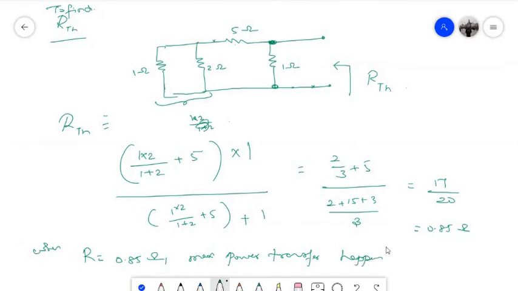And what is the maximum power that is transferred? So for that we have already obtained the equation.